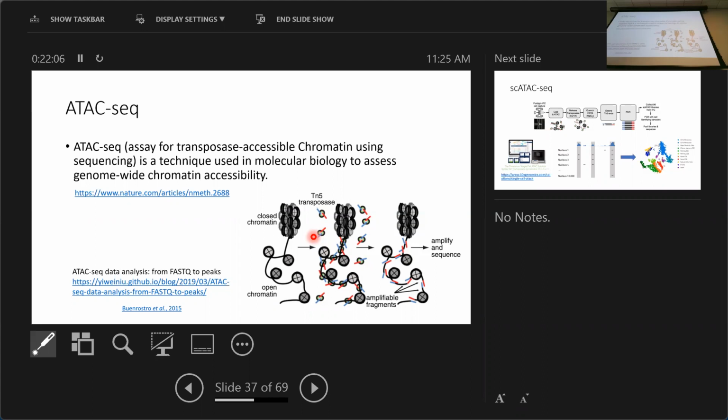So we want to get ATAC-seq as well as the downstream gene expression. ATAC-seq plus real gene expression gives you the whole picture of the regulation activity of the downstream gene and the outcome.